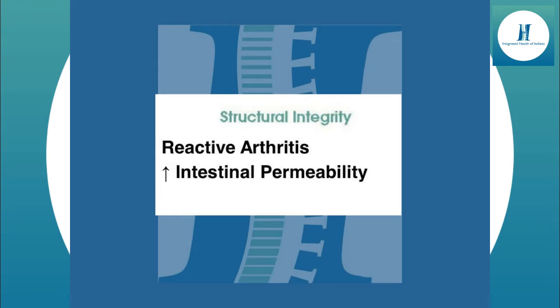That is one of the 3 things that you have to have a problem with in autoimmune diseases. And that's where this reactive arthritis, it's an autoimmune disease, and you have to have the intestinal permeability for that to happen. And if the structure of the intestine breaks down, then you can start to form those antibodies.